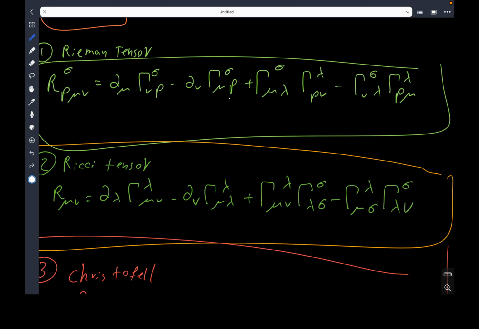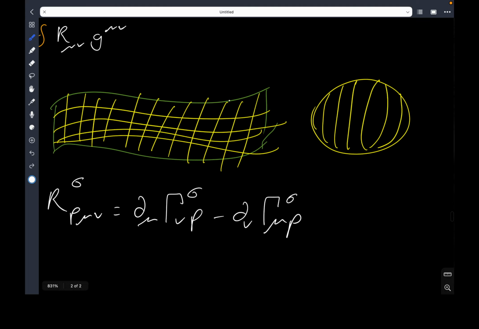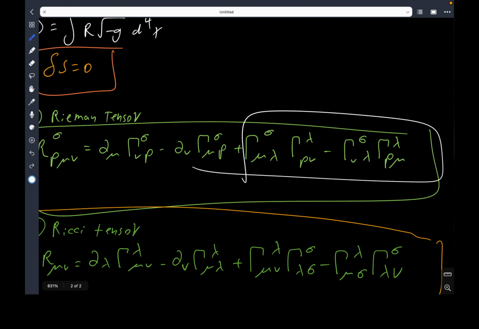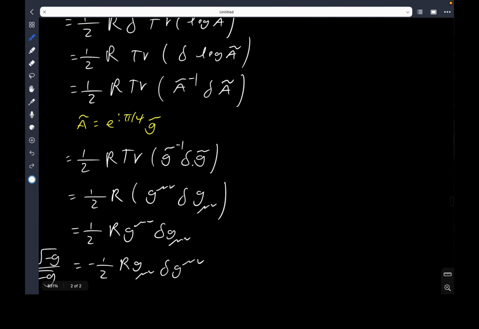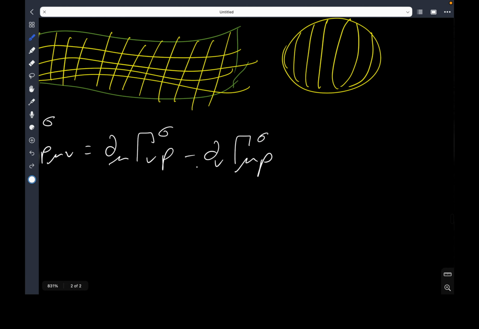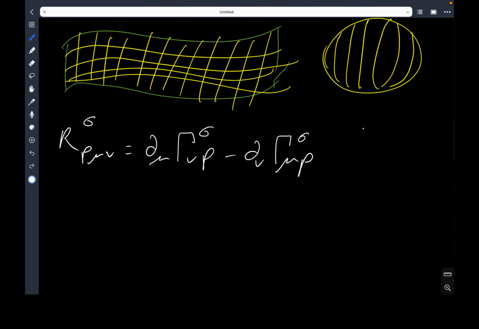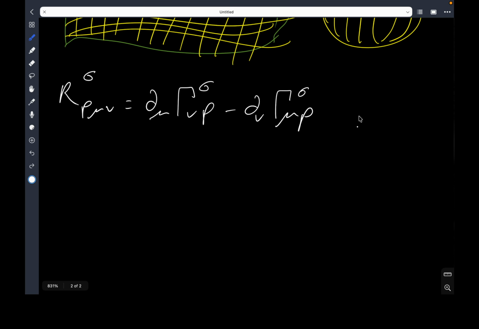And with that same logic, locally spacetime is flat. Thus, these Christoffel symbols are going to be zero, and we only have to worry about the partial derivatives that we are taking from these Christoffel symbols here.